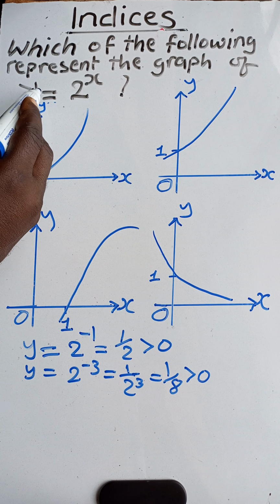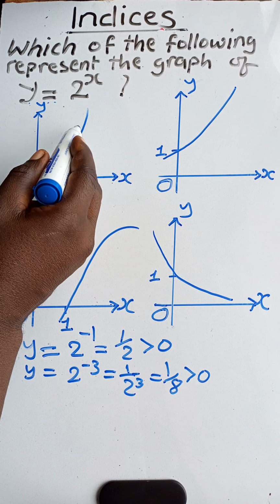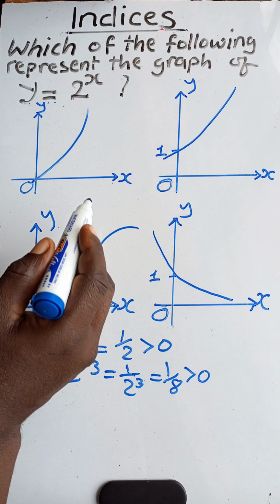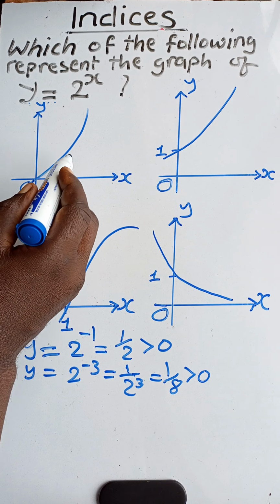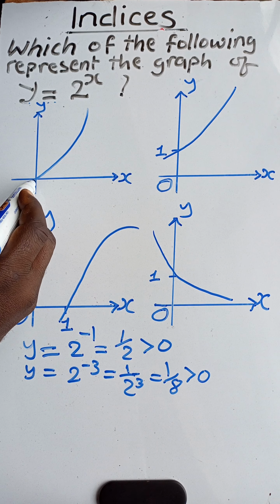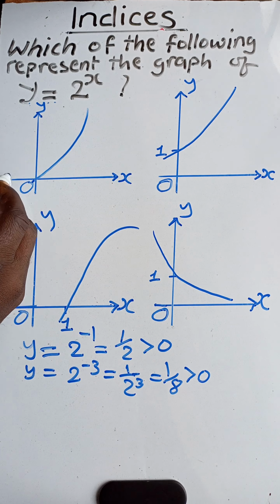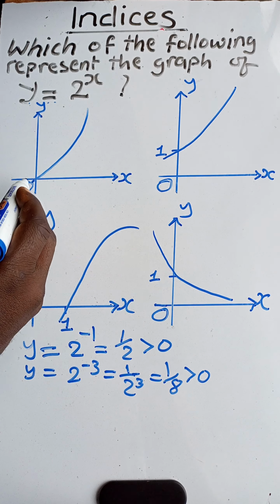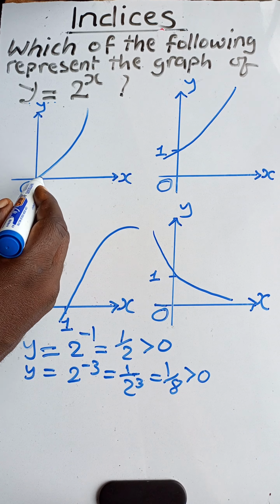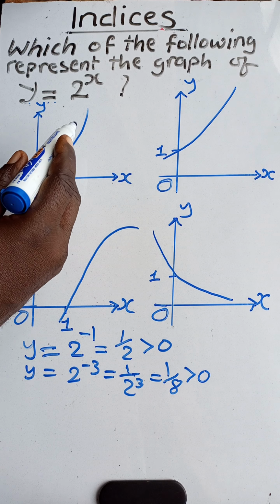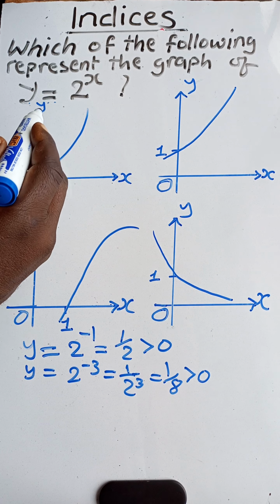Now, if we look at the graphs, let's start with the first two. We see that they cross the x-axis, and along the x-axis, the value of y is 0. If this graph crosses the x-axis, it means y can take value 0.